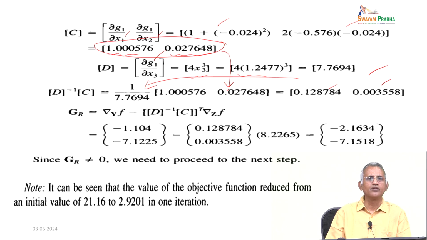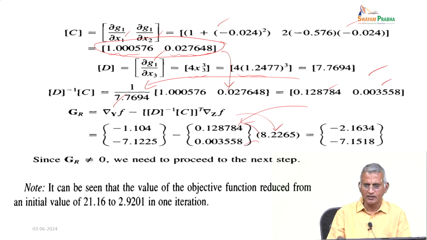Now, we have to use the G_R. G_R is del y f minus D inverse C transpose into del z f, and substitute del y. D inverse C we got, and you have to take the transpose so that the value will come. Del z f is this value, and this is 2 rows 1 column, 2 rows 1 column.